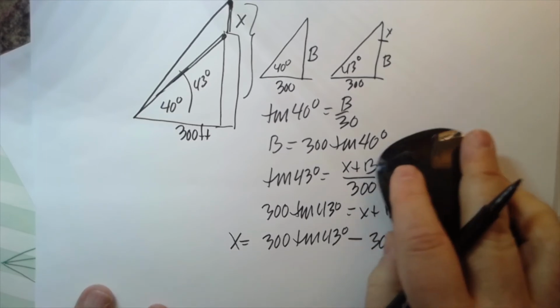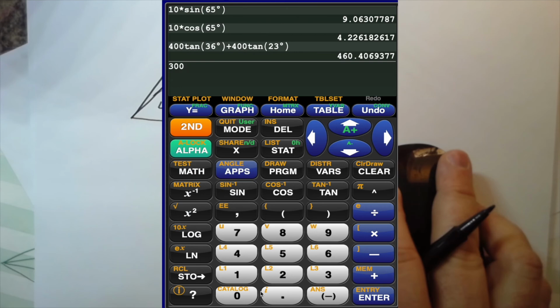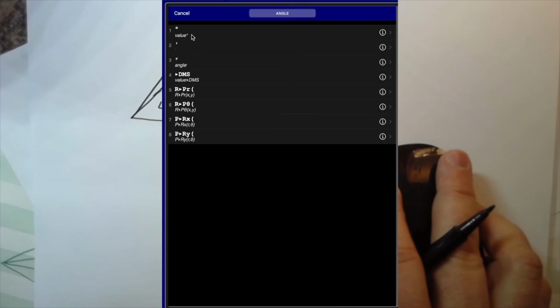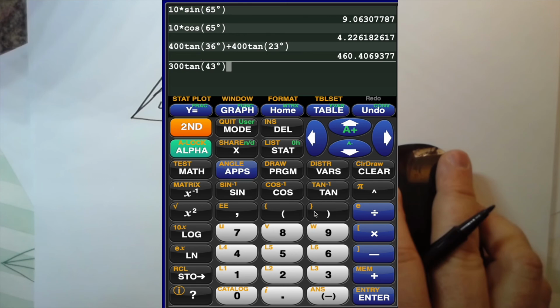Now I go to my calculator: 300 tangent 43 degrees minus 300 tangent 40 degrees, and we get that the height of the antenna is 28 feet.